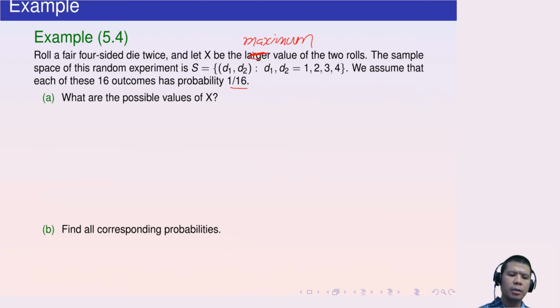Now let's just rewrite the sample space so that it's clear.